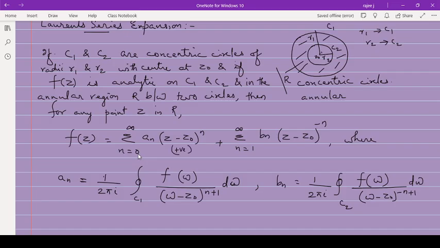You are going to get (z minus z0) raised to 1, (z minus z0) raised to 2, like that, positive terms. And here you get negative powers: (z minus z0) raised to minus 1, then minus 2, minus 3, or you can say 1 upon (z minus z0) raised to 1, 2, 3, like that. So here one series has positive powers and the other has negative powers.